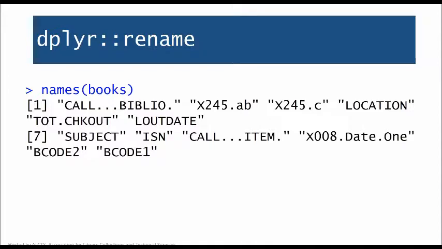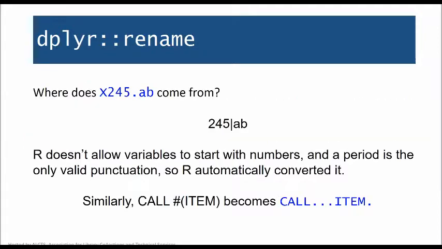Names is a function that's just in base R, and this will print to the console all of your column names. You can see I have call biblio, x245ab, location. A lot of these aren't really helpful, and if I'm going to be manipulating these variables, I want more helpful and descriptive variable names. So where does x245.ab come from?